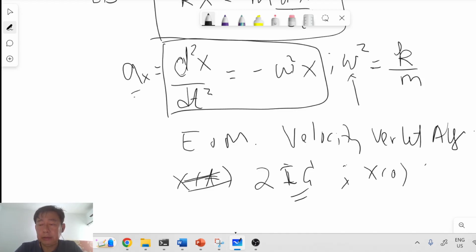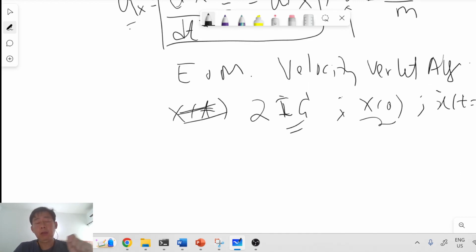The second initial condition required is the time derivative of the position at time t equals 0. Here x0 is the initial location when you release the oscillator from rest, and this is the initial velocity when the oscillator is released from rest.